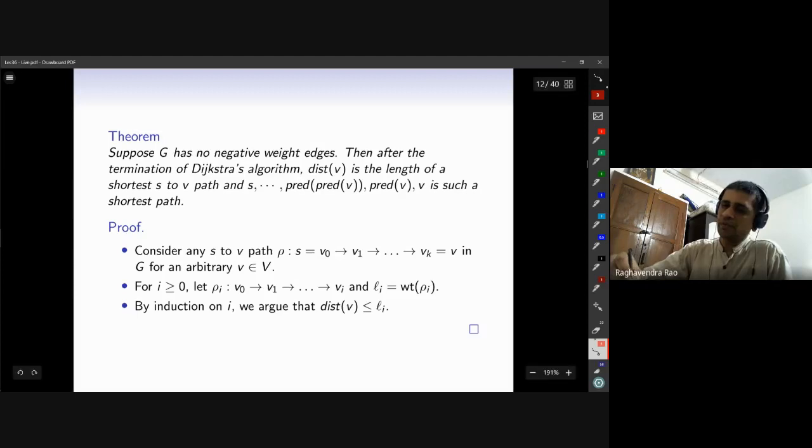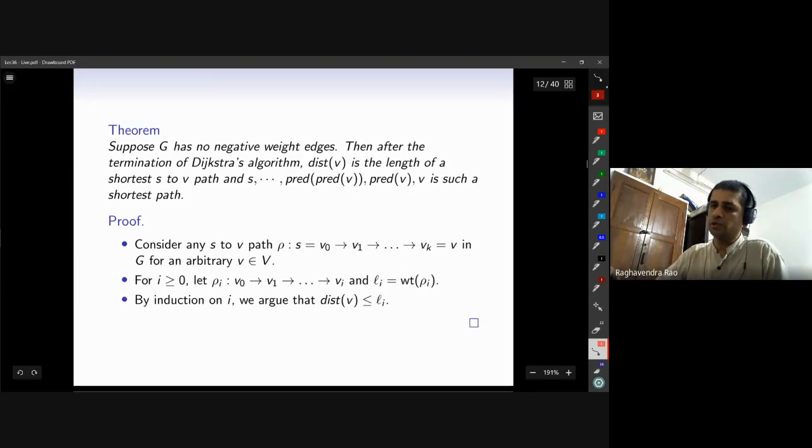What we do is we take prefixes of the path, or we chop the path at length i. So rho i is the path starting at s, which is V0, and stopping at Vi. Let's say Li is the weight of this path.